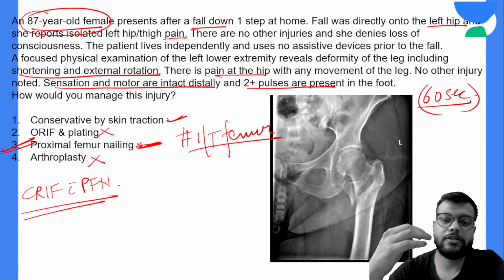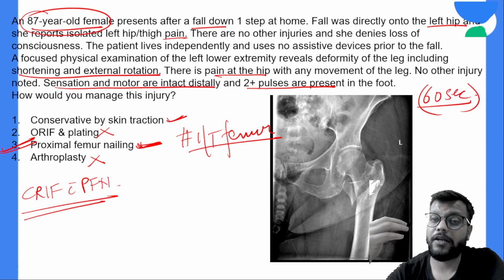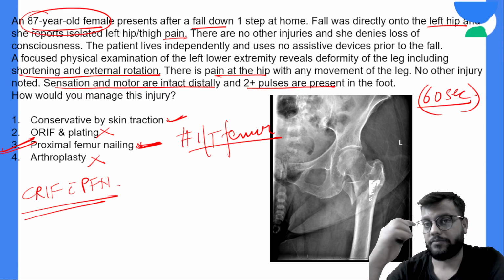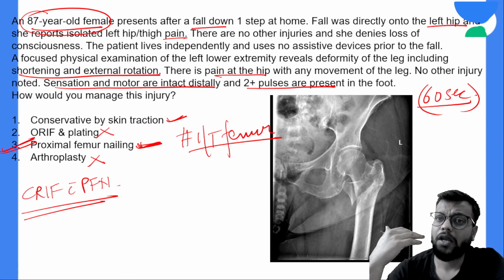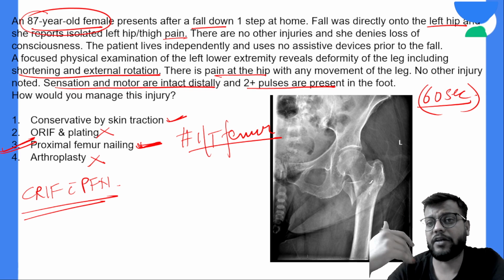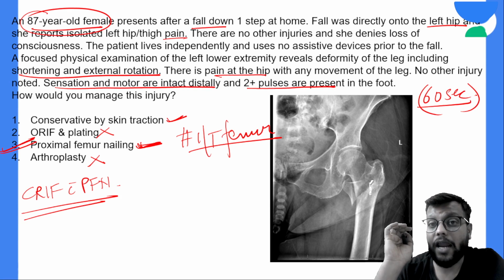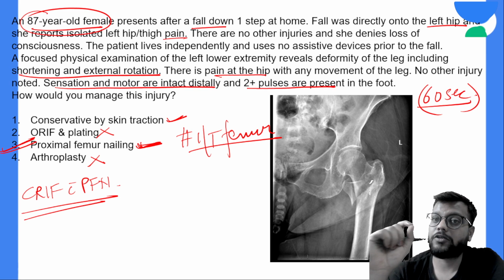Because in old age at least 1 to 2 months of immobilization will have very bad side effects like stiffness, pressure ulcers at the sacrum, and high chances of DVT, etc. And immobilization will be prolonged, they will not be able to mobilize, muscle wasting etc., so there are a lot of problems. That's why the newer trend and the better trend for betterment of the patient is to go for the surgery.